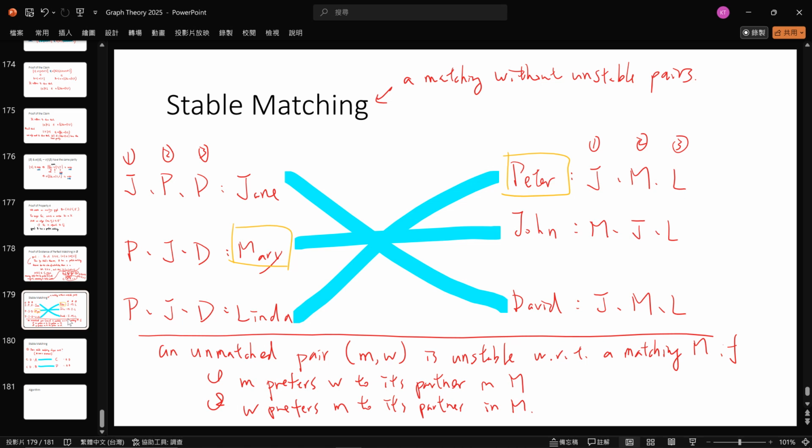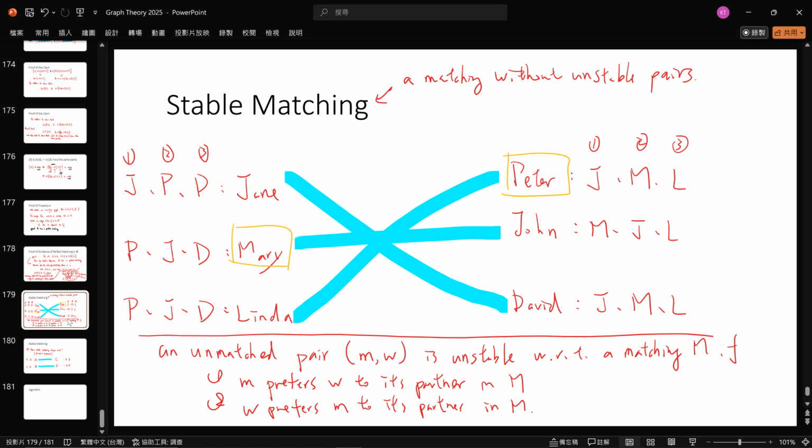Because we have men and women, we're going to let men propose to women. So women will receive some proposals, perhaps multiple proposals. For example, if we let Peter and David propose, then according to their preference lists, both of them will propose to Jen.